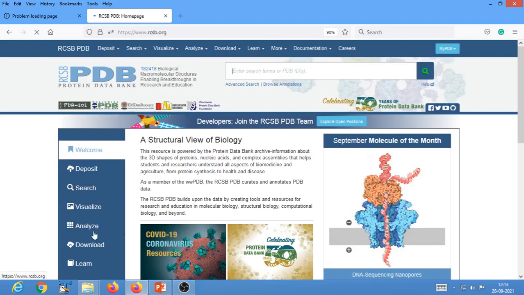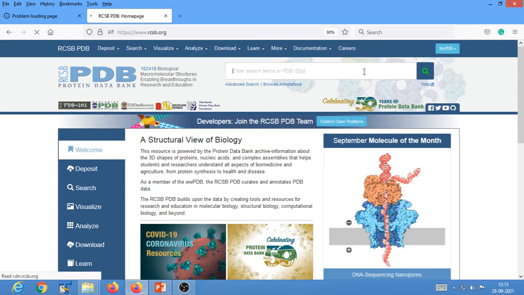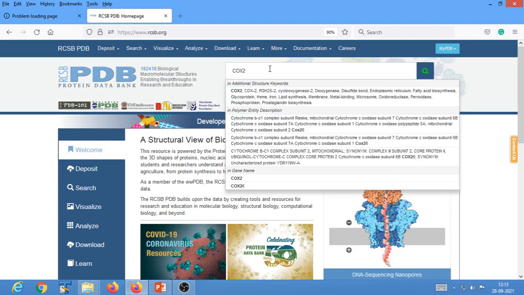So this is the interface of PDB. This is the place from where you can obtain the structural model, or the place where crystallographers would submit their structural data. Now let us search for COX 2.